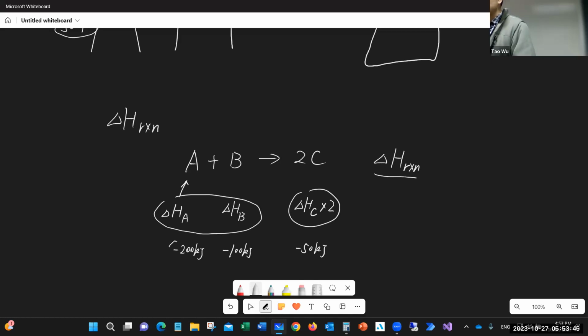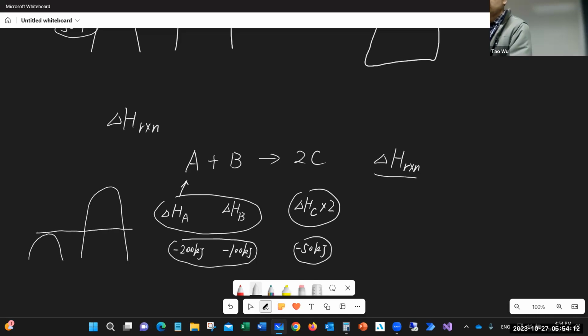So now A and B added together is negative 300, and C is negative 50 times 2, negative 100. The difference between negative 300 and negative 100 is the heat of this reaction, just like you measure the mountain height. You measure the difference of the mountain height, and that difference is just the change of the enthalpy of this reaction. Does that make sense? Yeah.